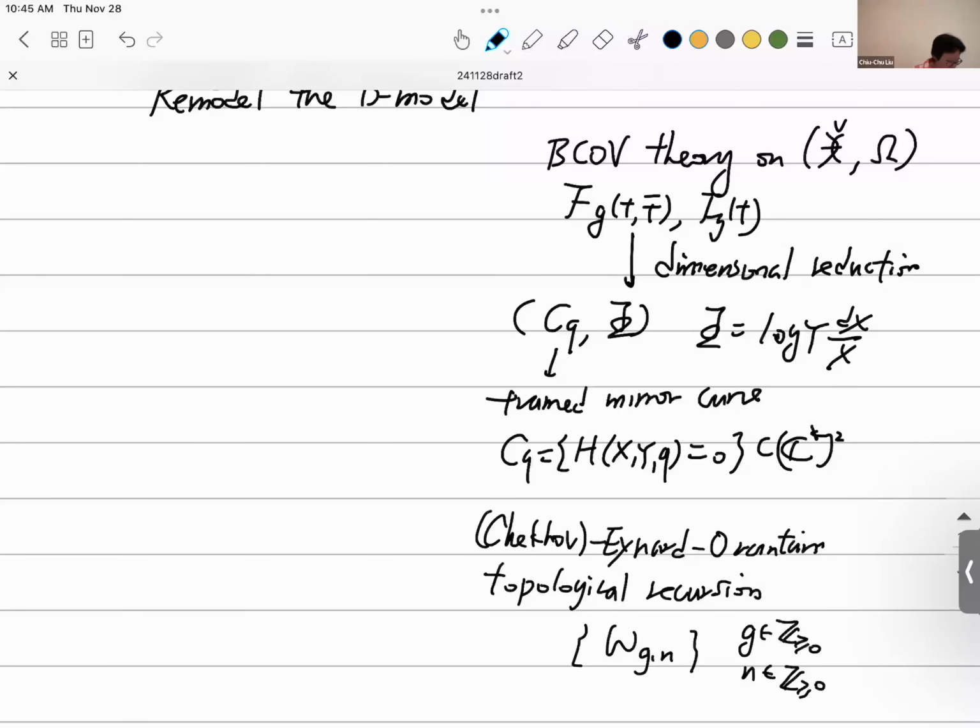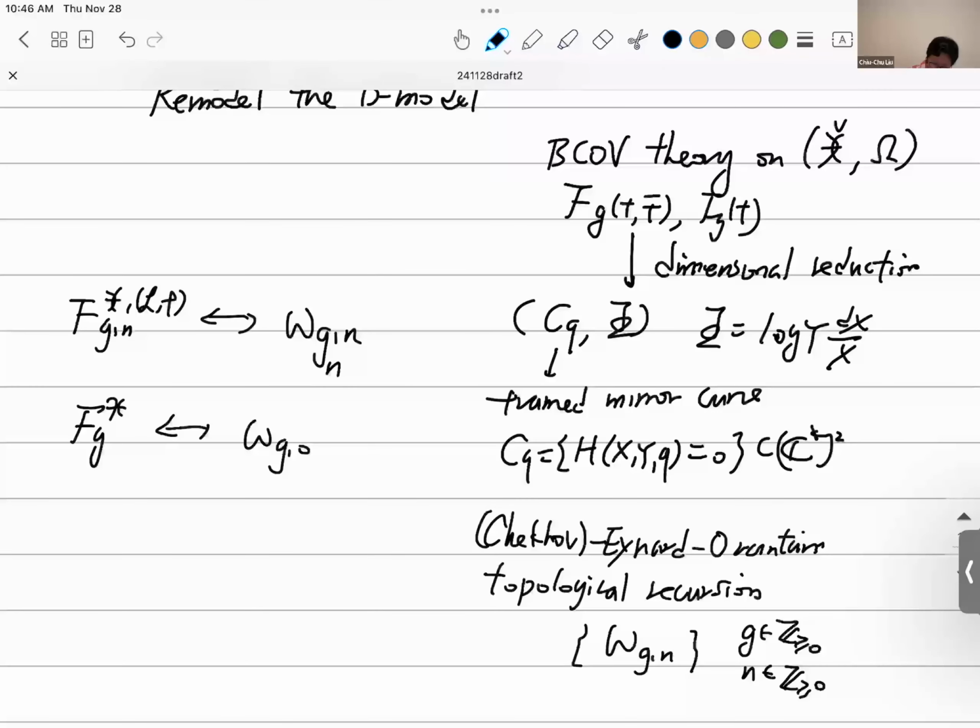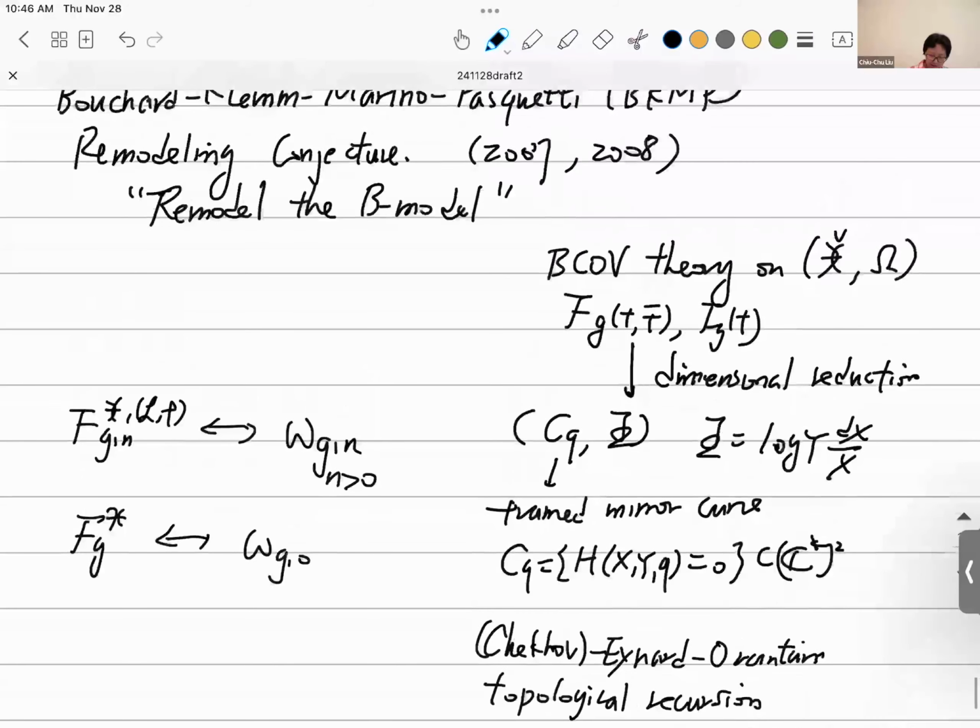The conjecture is that the open invariants can be extracted from this Eynard-Orantin topological recursion, and also the closed invariants are like omega_{g,0}, for n greater than 0. So this is the conjecture.